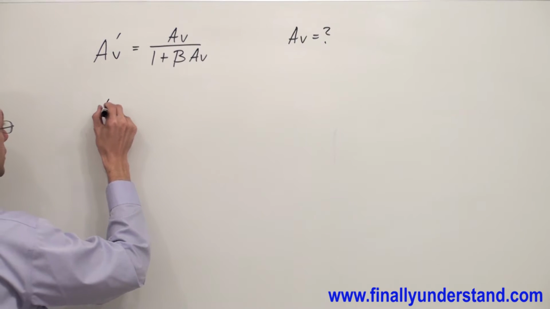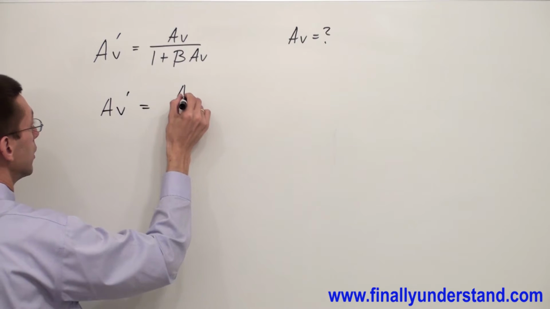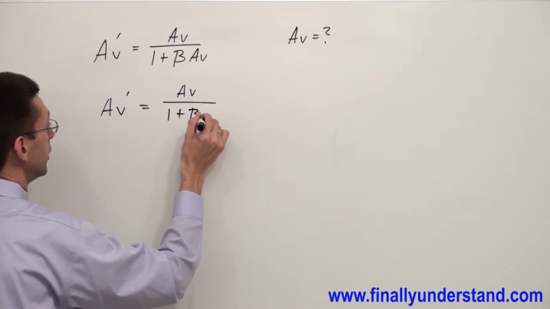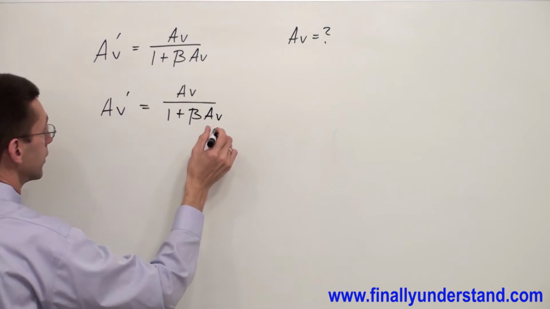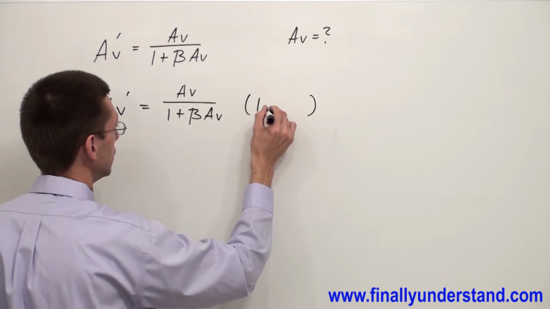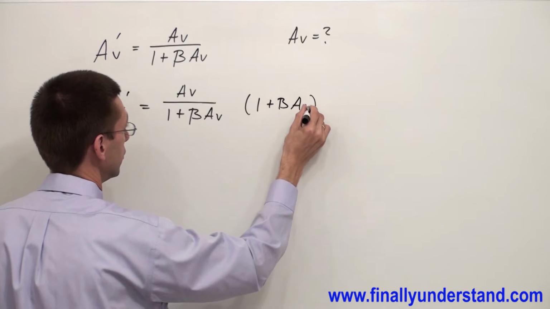Okay, let me copy this formula one more time. So I have AV prime is equal AV over 1 plus beta AV. I said we have to multiply both sides of the equation by the denominator, 1 plus beta AV.